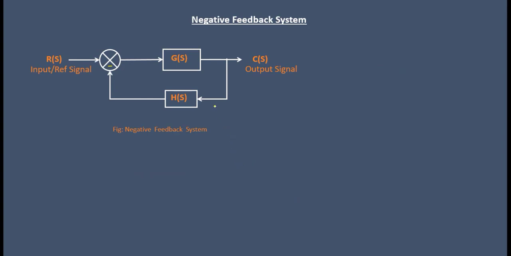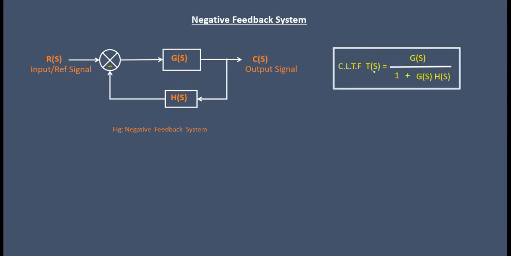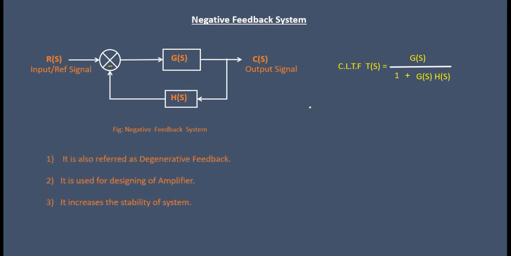Now the block diagram of the negative feedback system is as shown. The feedback sign is negative, so we can say it is a negative feedback system. And the closed loop transfer function T(s) will be G(s) upon 1 plus G(s) into H(s). For negative feedback, we will get a positive sign in the denominator.